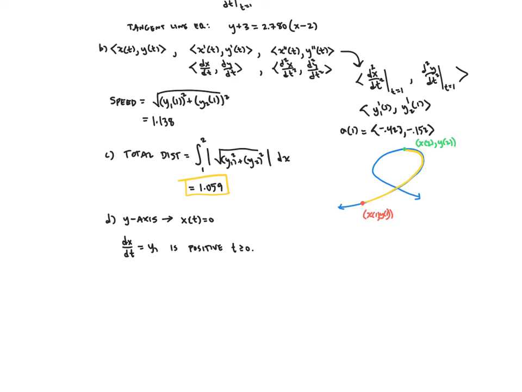So with that being said, if we can show that the initial position, let's show that x of 0 is greater than 0, then we will know that the particle never makes contact with the y-axis.